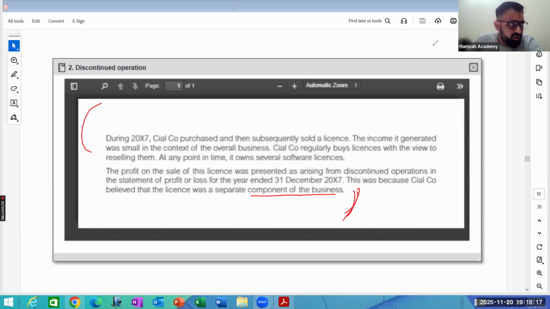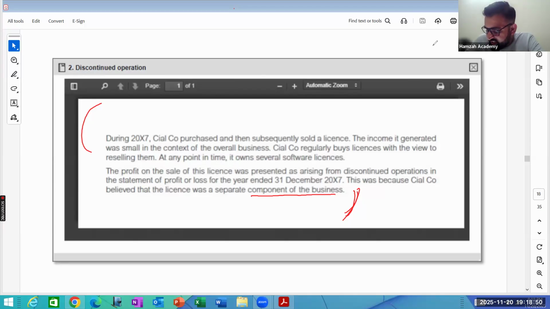A business is a set of integrated activities which is managed in order to generate some return, and it has characteristics like input, processes, and there might be an output. That is the definition of the business. The license is not a business, so it's not a subsidiary. So we can't say that it's a subsidiary which we have acquired with a view to resale.